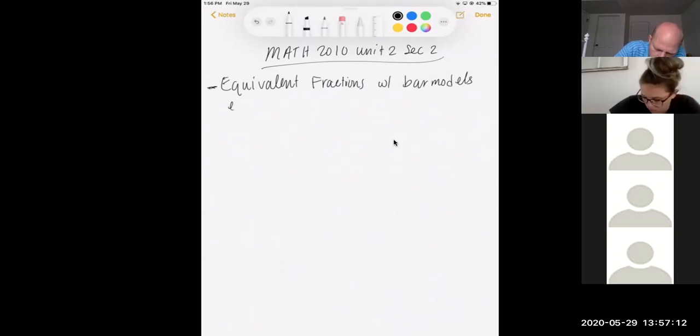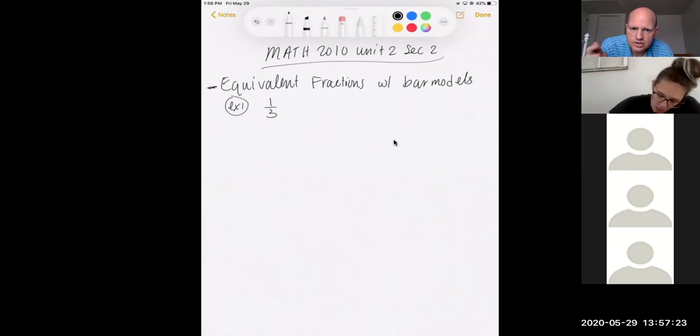Now, our first example is 1/3. We need to be able to write 2 equivalent fractions to 1/3 and be able to draw them with bar models. So here's a bar model for 1/3.